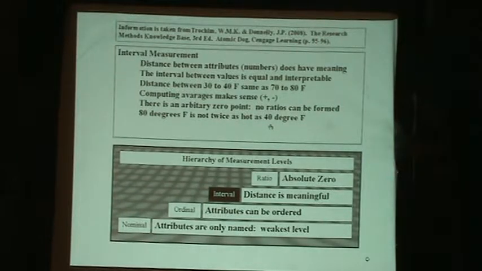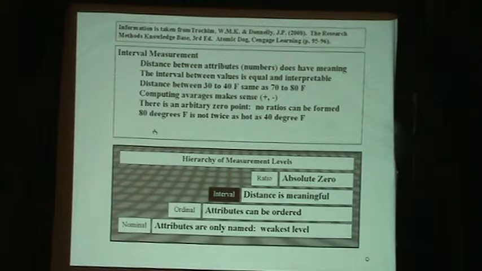Another example in terms of education, intelligence test scores. There is no such thing as no intelligence. So intelligence test scores are interval data, and there is an arbitrary 0 point. If my IQ is 50 and your IQ is 100, that does not mean that you are twice as smart as I am, because there is an arbitrary 0 point.